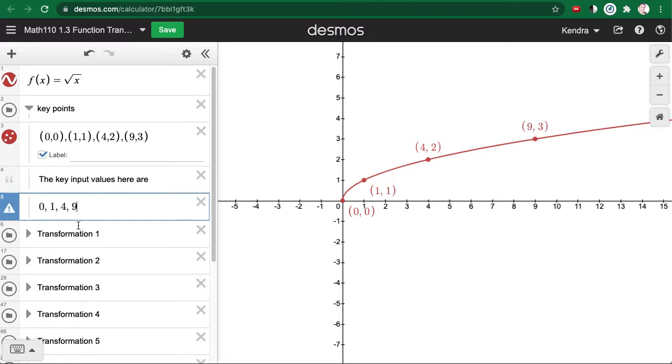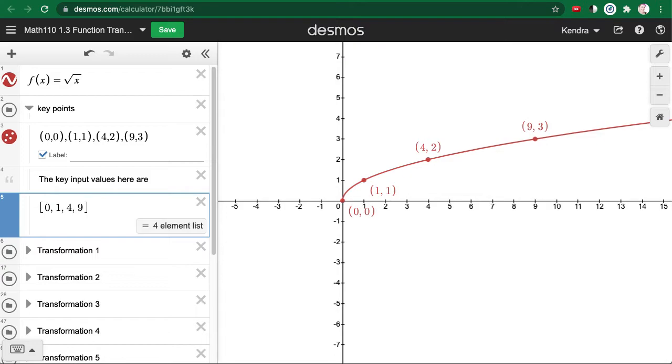I'm going to put those in list format in Desmos. There is a particular reason, but I'm not going to talk about it right now. So these are the input values that we're going to put into the square root function anytime we see it.